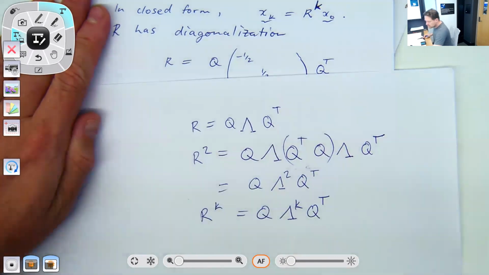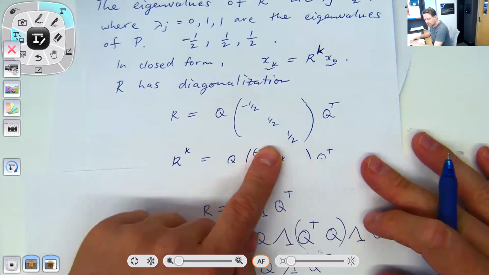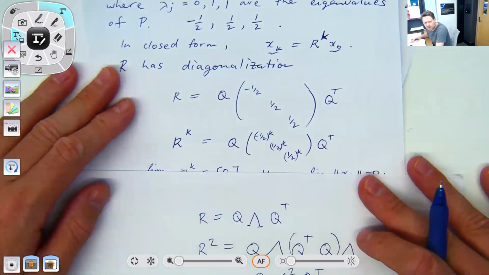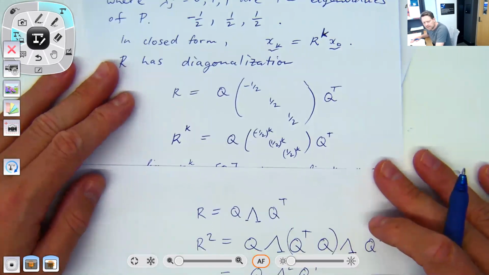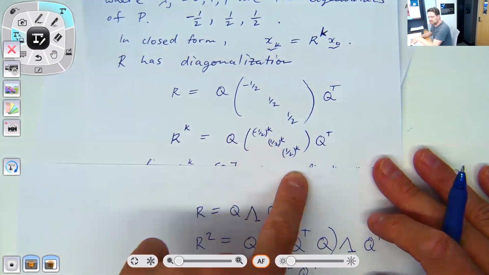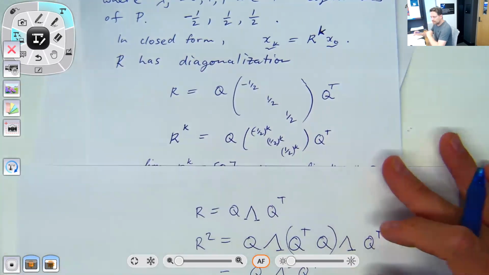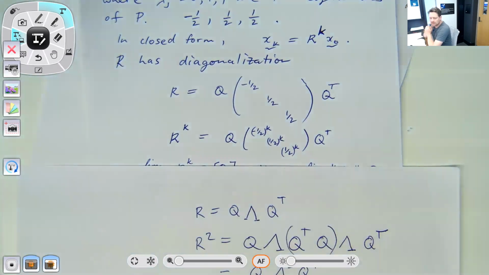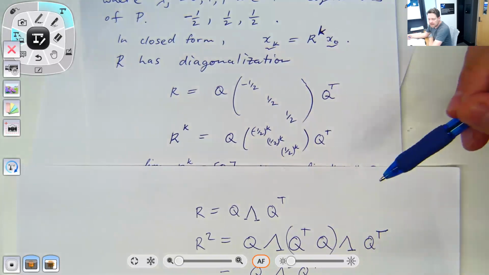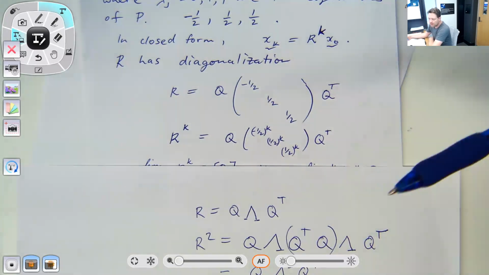And that's great because what we want to do is take powers of this, and we end up with R to the power of k is Q times all of these numbers to the power of k, and then just Q transpose. But what we should notice here, and it's important, is that each of these diagonal elements of the lambda matrix is strictly between -1 and 1.